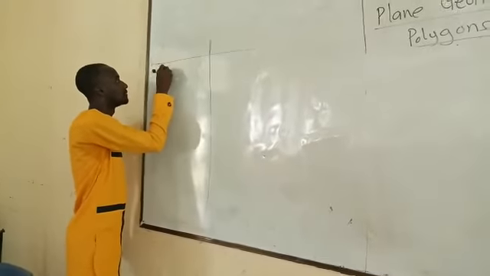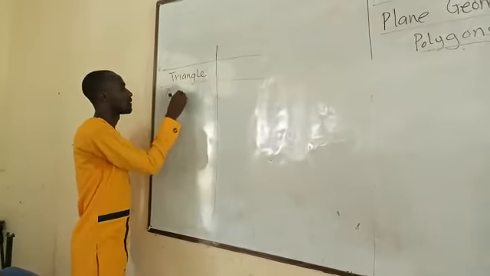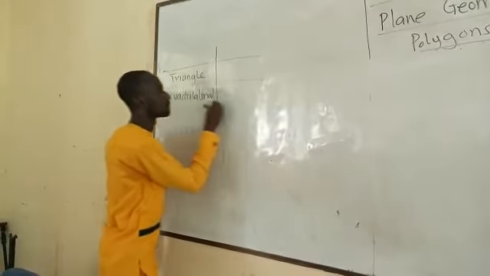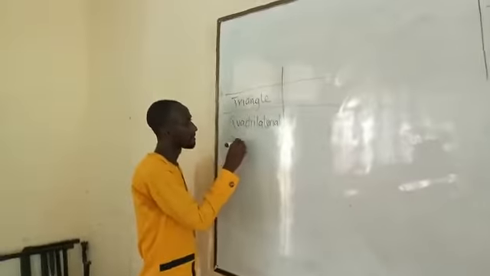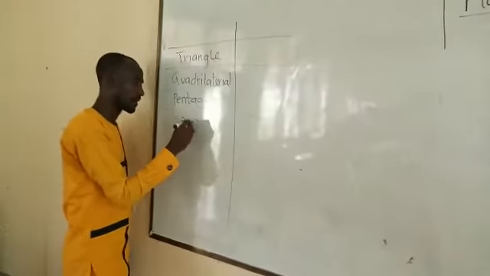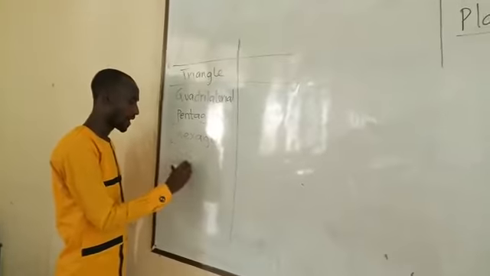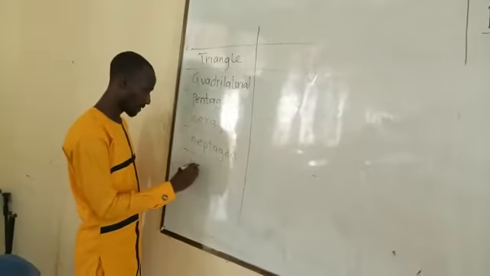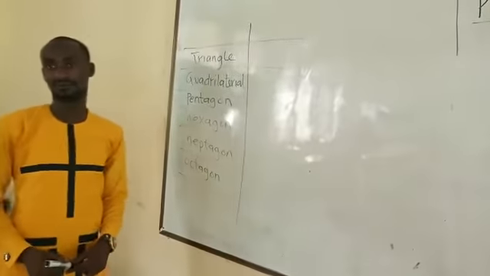So you have triangle, quadrilateral, pentagon, hexagon, heptagon, octagon, nonagon, and decagon.